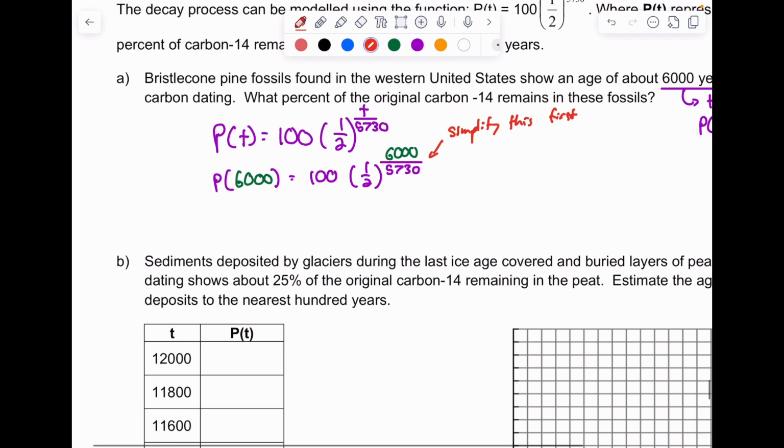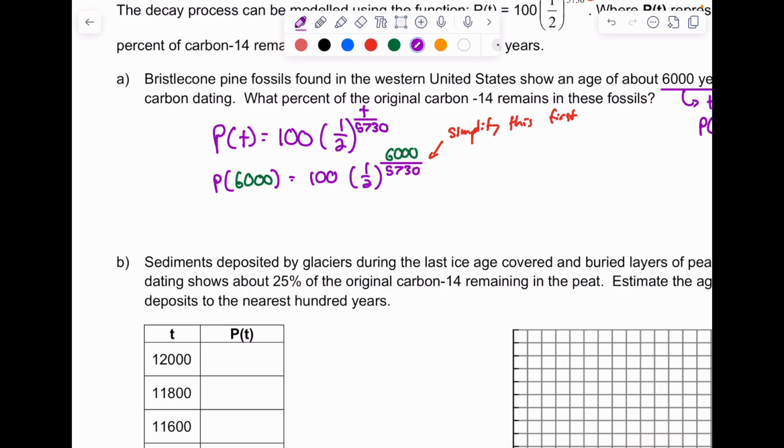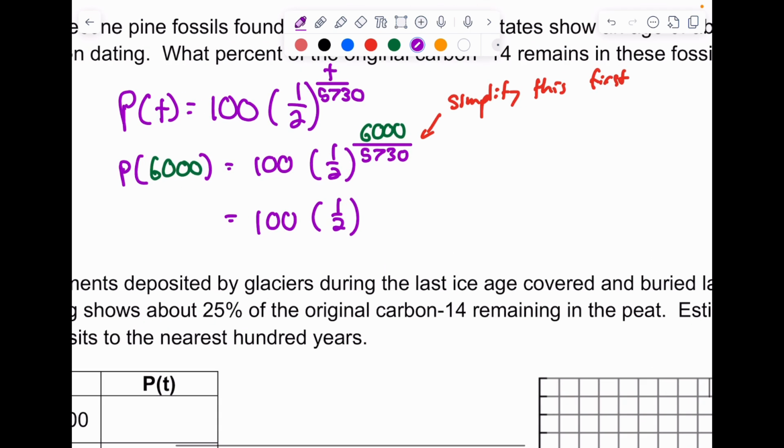All right. So if we write our next line, this is going to be 100 multiplied by half. And when I say simplify, literally take 6,000 on your calculator, divide that by 5,730. And I am going to get roughly 1.04712, okay?